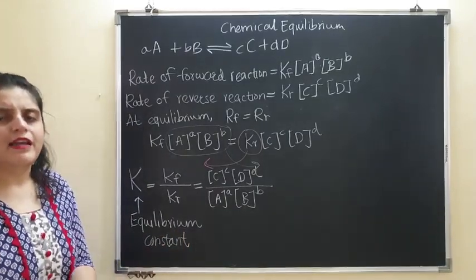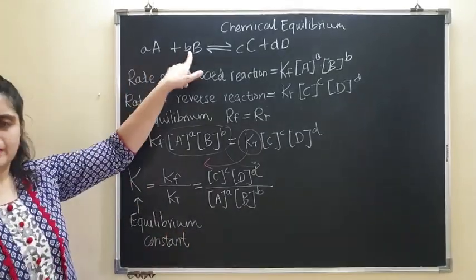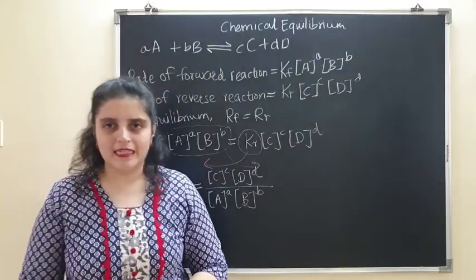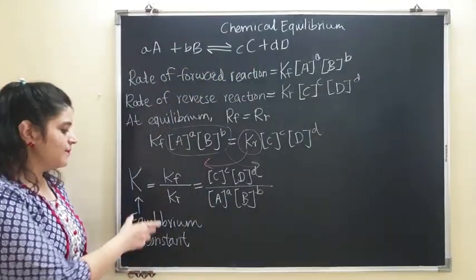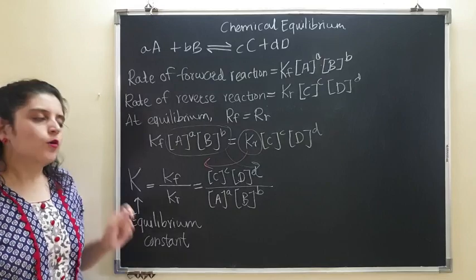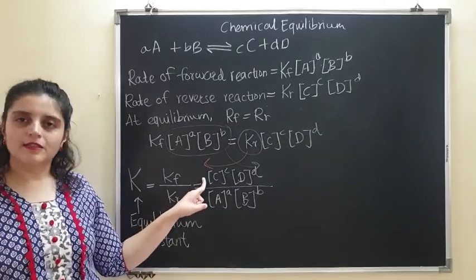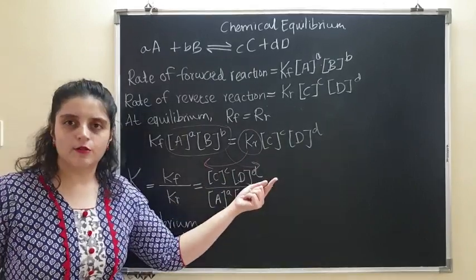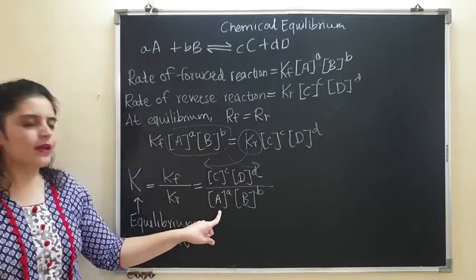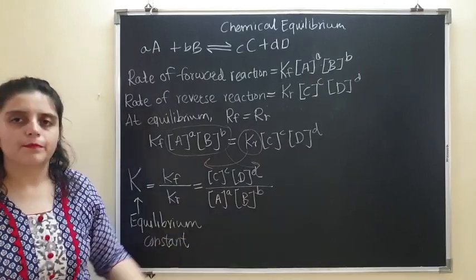So in general, if we have a reaction aA plus bB reversible with cC plus dD, we can write something called as equilibrium constant, whose formula is going to be concentration of C raised to c into D raised to d divided by A raised to a into B raised to b.